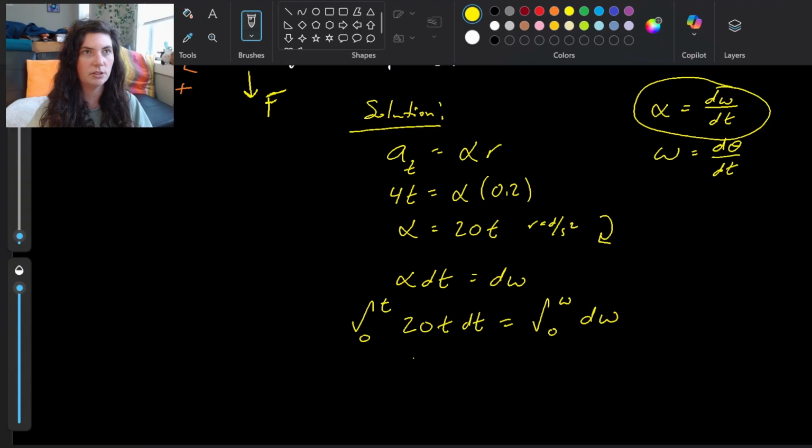So that when I do this integral, I'm going to get 10t squared evaluated from 0 to t equals omega. So my omega in terms of time is just going to be 10t squared radians per second clockwise.